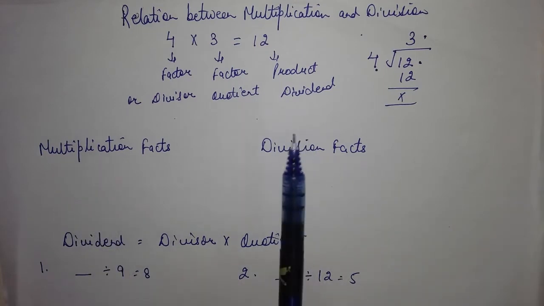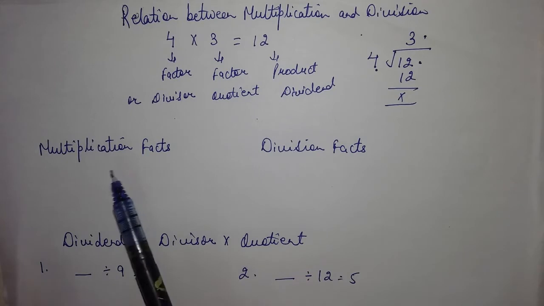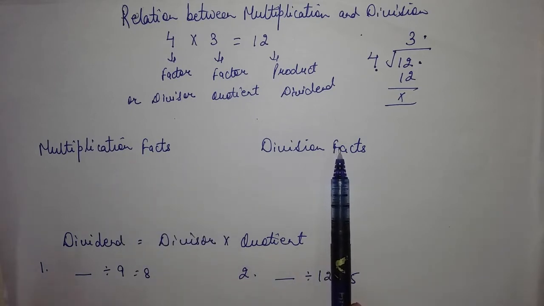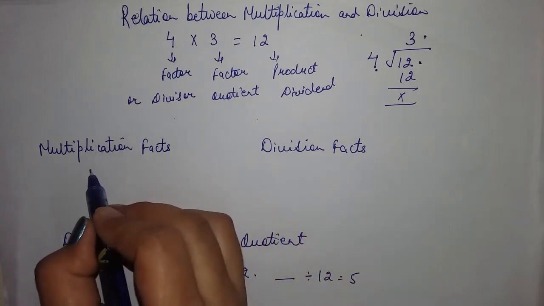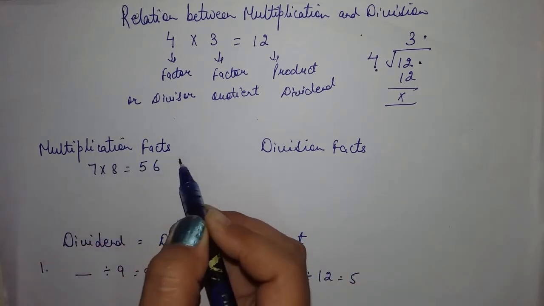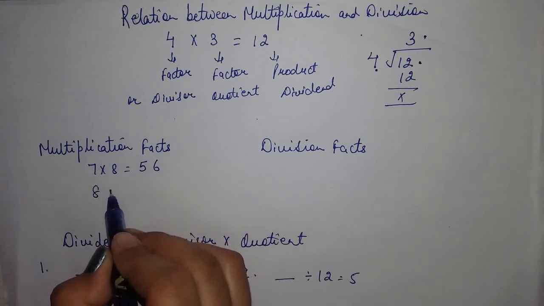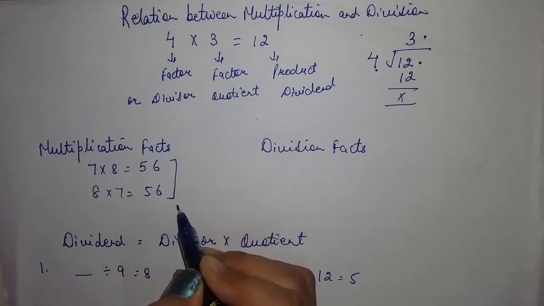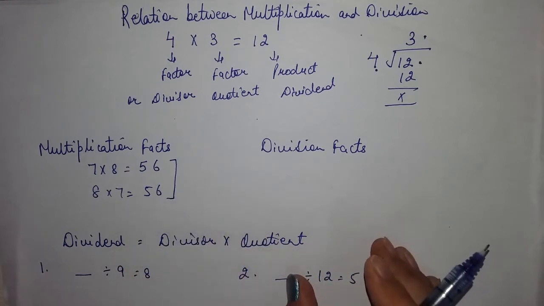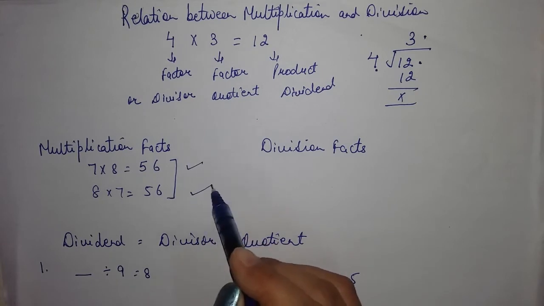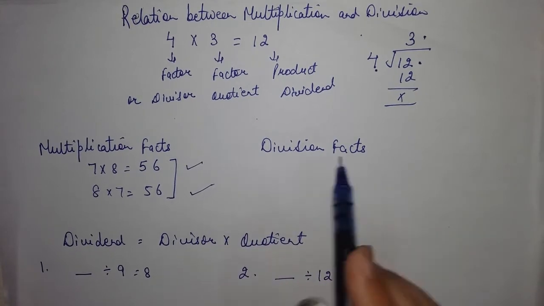Let us take one more example on it. Here it is written multiplication facts and here are division facts. If I write here 7 8s are 56 or 8 7s are 56. In both the ways we are getting the same product, which is 56. Now from these two statements, let us derive the division statements.